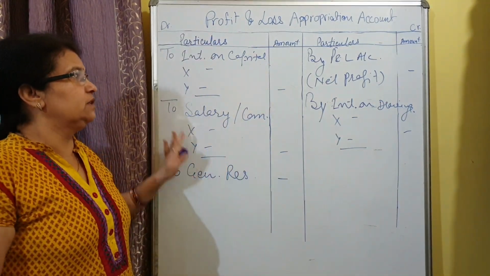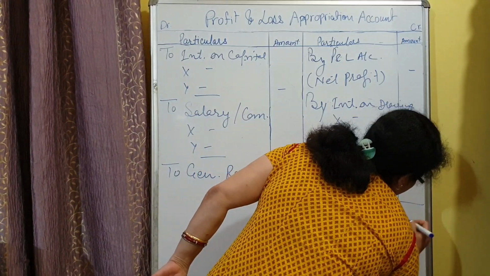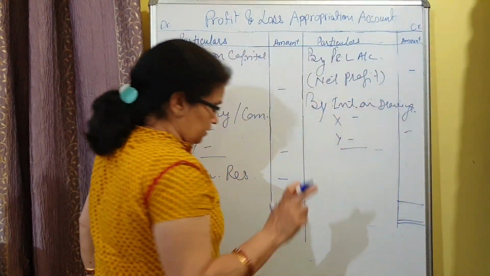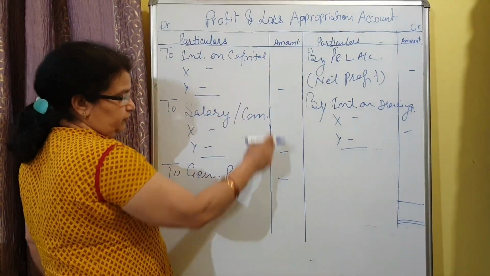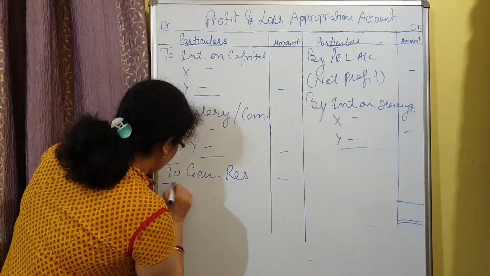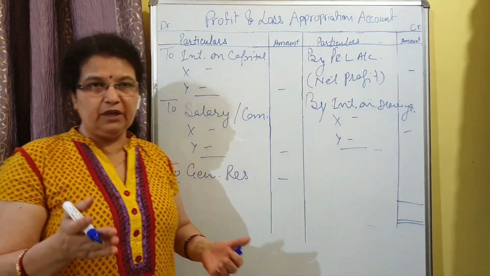After making all these things, firstly we have to make the total of the credit side, and then we have to deduct the total of the debit side. Whatever the difference is, it should be credited to the partners' capital account.